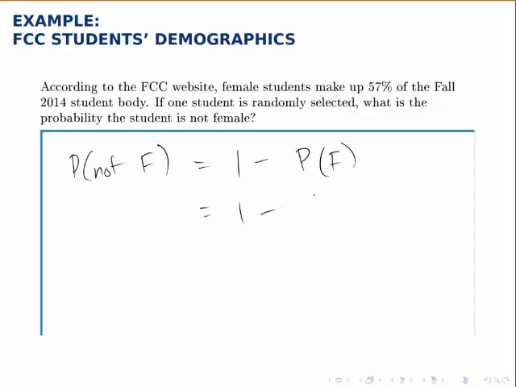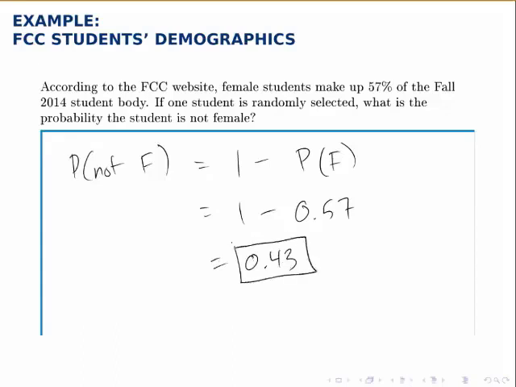So 1 minus, now the probability that our randomly selected student is female is equal to the proportion of students that are female. So 57% as a proportion is 0.57. So we get 1 minus 0.57. Or if we were dealing with percentages, we could write 100% minus 57%, which would be fine. But either way, we get 0.43 or 43%.